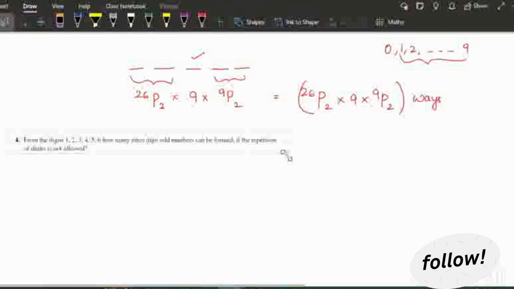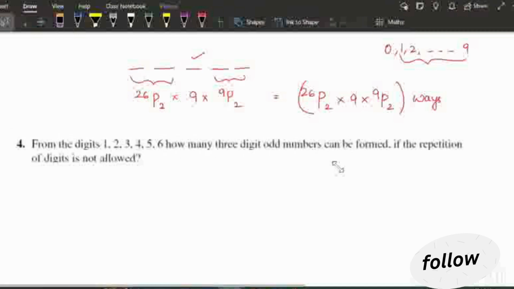From the digits 1, 2, 3, 4, 5, 6, how many three-digit odd numbers can be formed if repetition of digits is not allowed? Unless and until mentioned, we don't consider repetition of digits. So we always assume repetition is not allowed. In some questions, they would have specifically mentioned that repetition is allowed.